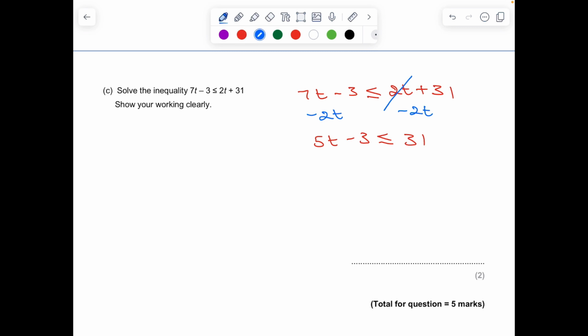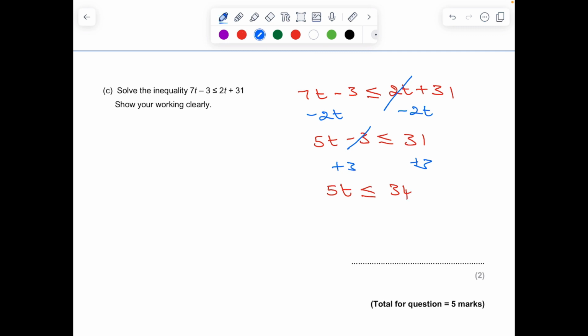Then I'm going to add 3 to both sides to get rid of the take away 3 here. So I do the opposite. And that's going to give me 5t is less than or equal to 34.